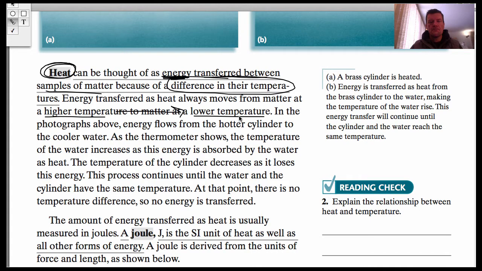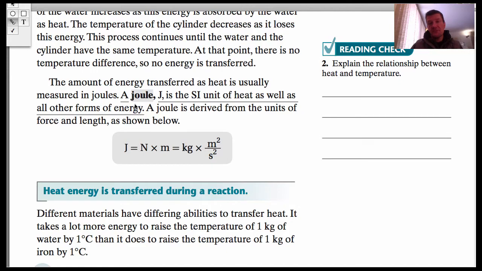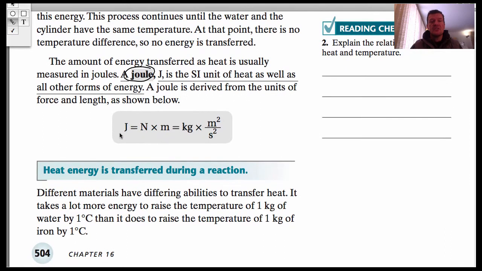Okay? The unit that we use for energy, specifically here for heat energy, is called the joule. Okay? And a joule is, and we really haven't talked about this unit here, Newton, but a Newton is basically a unit for force.